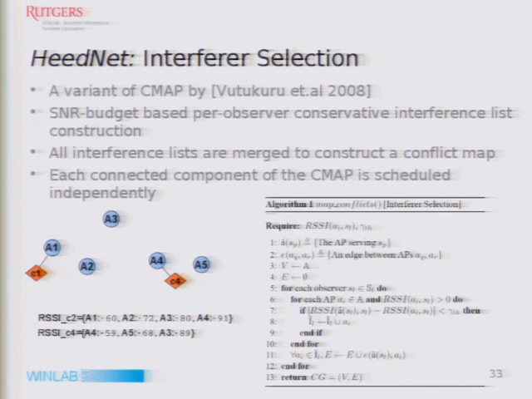So in that way, each client is creating its interference list. For example, with this information, this first client's interference list will be A2 and A3, which are the dangerous ones. So you're actually drawing lines for that conflict map. And similarly for C4, they'll only pick this one. So you merge these interference lists to create this conflict map altogether.